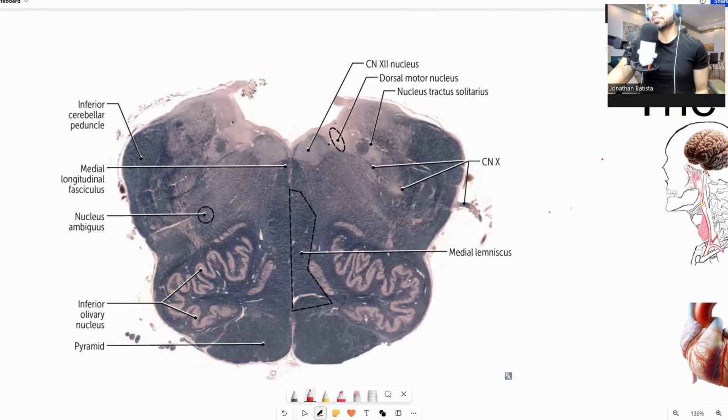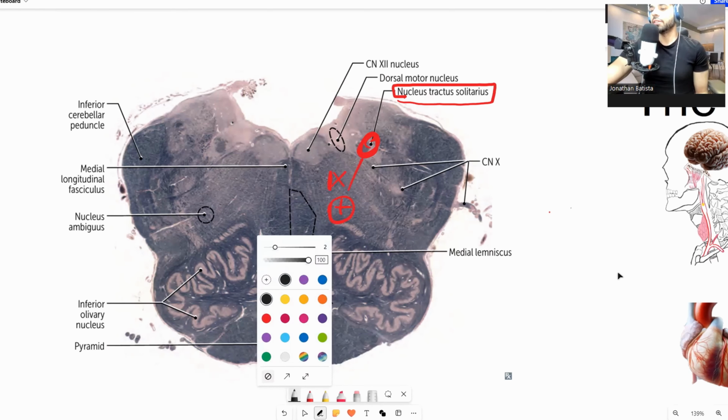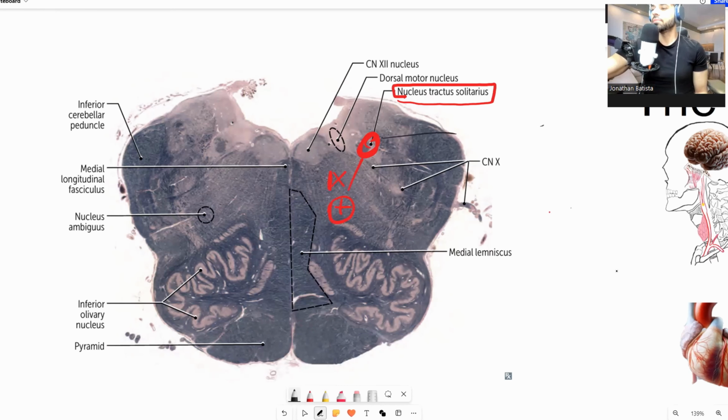So on this system, you'll see that there's something called a nucleus tractus solitarius. And this nucleus is able to receive the signal from cranial nerve 9, telling it, hey, we're activating now, because the carotid area is being pressed upon. Glossopharyngeal nerve says, okay, I gave my signal to cranial nerve 10. Cranial nerve 10 complies. He says, okay, you want to activate? Let's activate. So cranial nerve 10 now is activated.